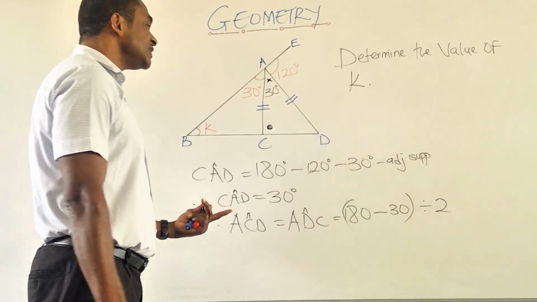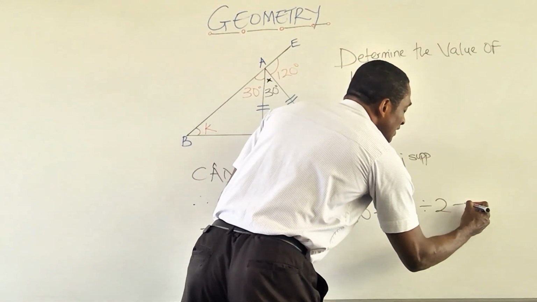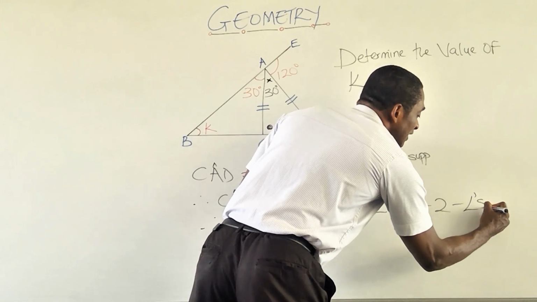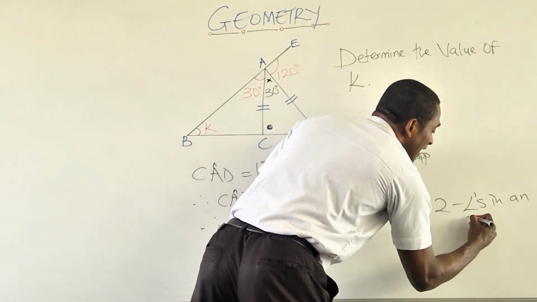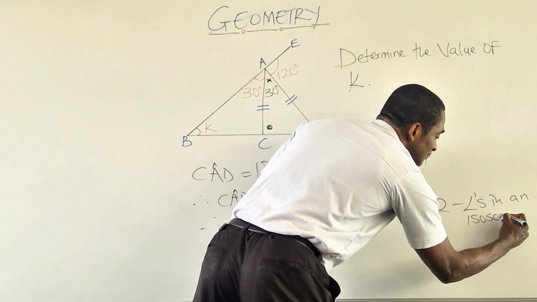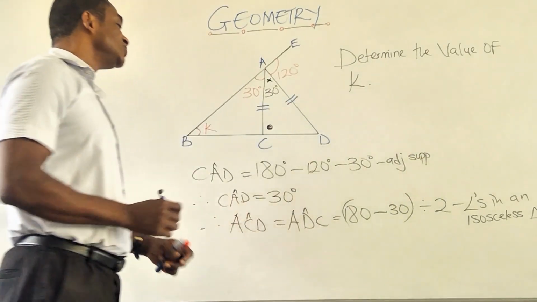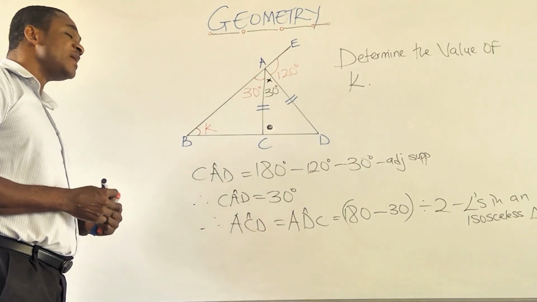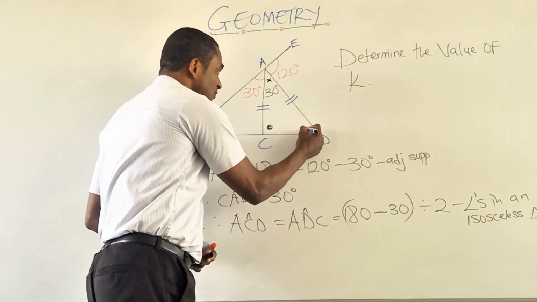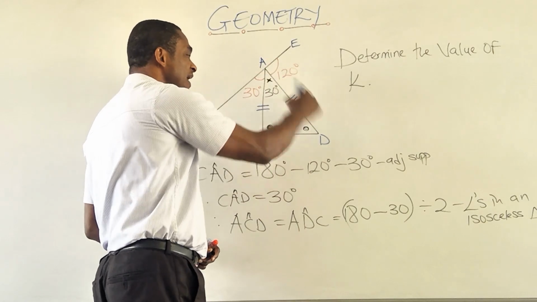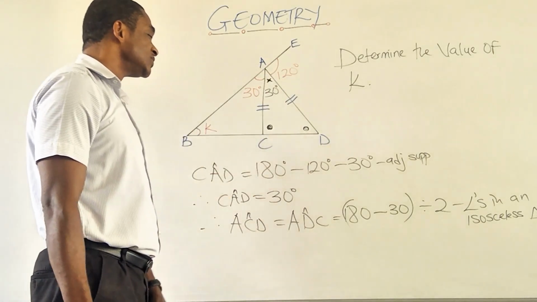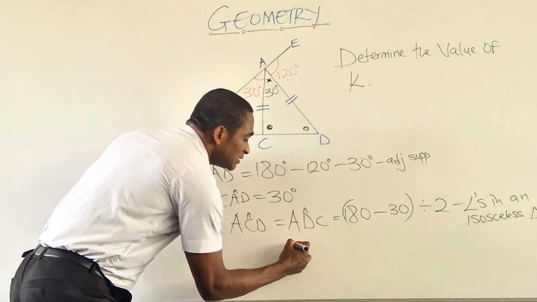What will be our reason here? Our reason here will be angles in an isosceles triangle. The base angles are equal. So ACD and ADC will be equal to each other.